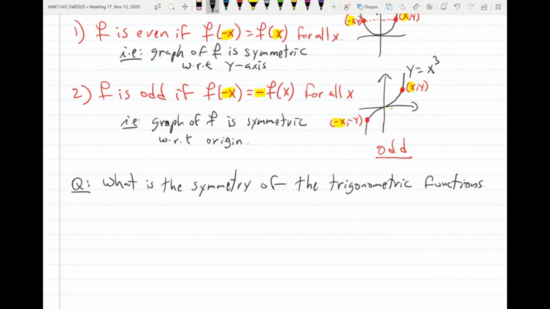So we would like to be able to find the symmetry, because if they are symmetric, we just have to worry about a piece of the graph, and then the rest we get by symmetry. So that's why it's important. And it will also allow you to evaluate these functions more easily.